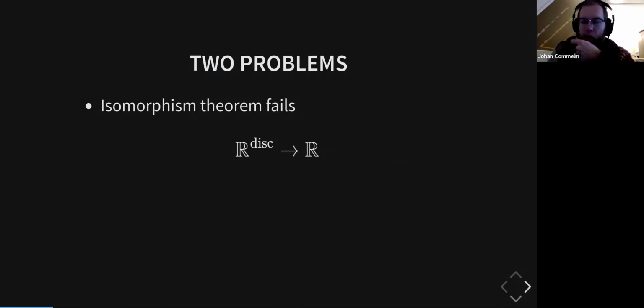The very easy example is if you take the real numbers, and on one side you put the discrete topology, and on the other side you put R with its usual Euclidean topology, then this function is a bijection, but it's not an isomorphism because the inverse is not continuous. So you expect this to have maybe a trivial kernel, but a non-trivial co-kernel, but that's not true. So this means that the category of topological abelian groups is not an abelian category.